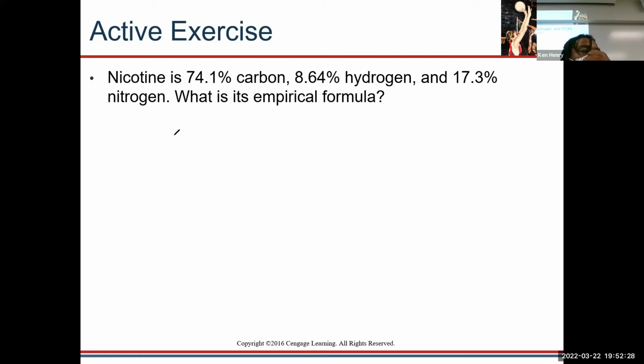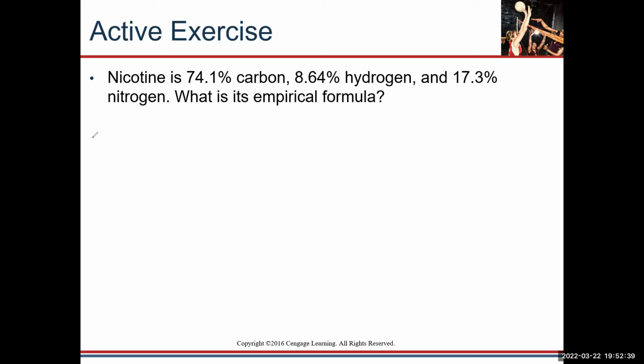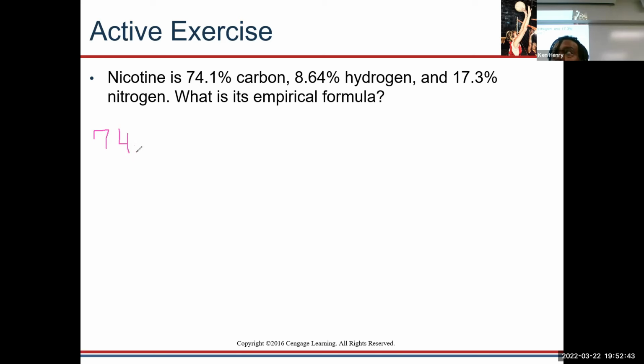So if I assume I had 100 grams of nicotine, how much of it would be carbon? 74.1 grams is going to be carbon.